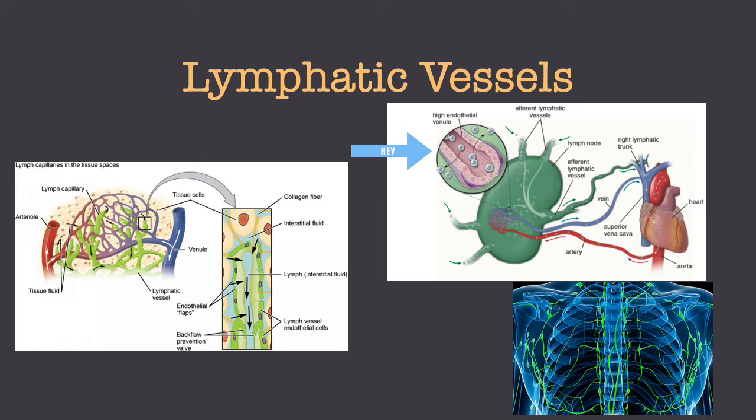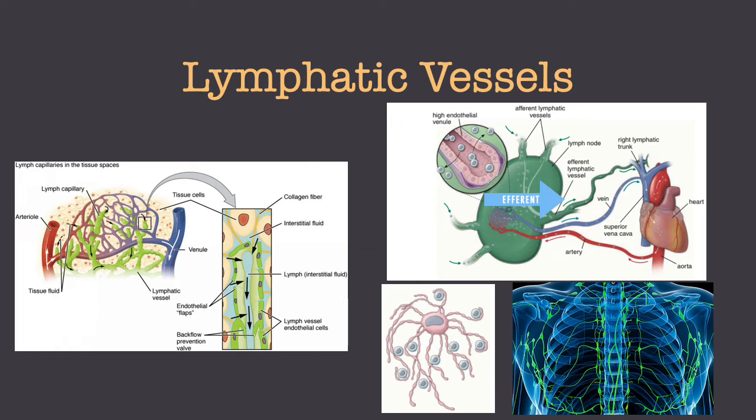In the lymph nodes, specialized dendritic cells trap antigens to be processed by antigen-presenting cells. Activated lymphocytes then leave via the efferent lymphatic vessels, leading to the right lymphatic trunk or thoracic duct, both emptying into the junction of the internal jugular and subclavian vein.